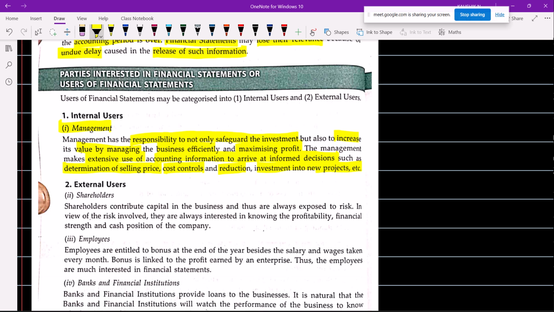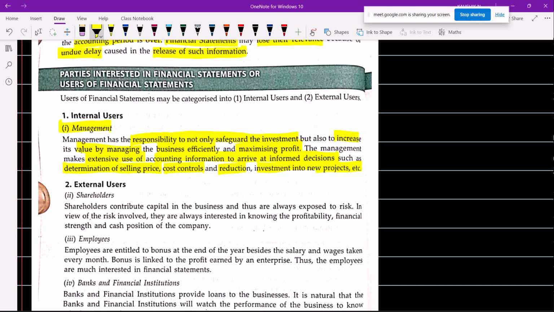Management makes extensive use of the accounting information to arrive at some decisions, right? They have to take a call, a decision, which means determination of a selling price. For example, I am manufacturing some goods.